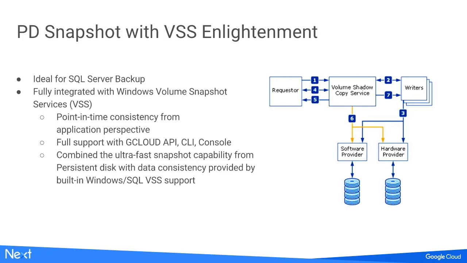For example, they need to flush the internal cache to get into a self-consistent state. After everybody replies yes to the VSS service, it freezes the I/O and sends the request to the VSS provider, saying, please take a snapshot.